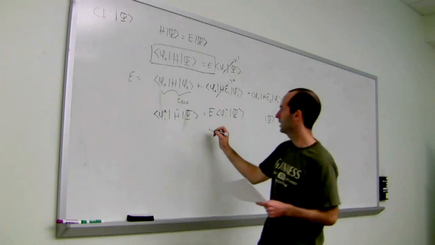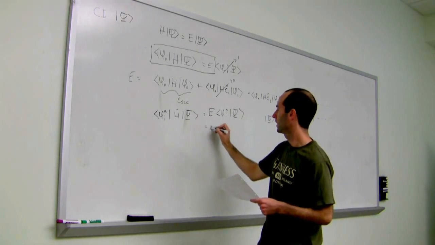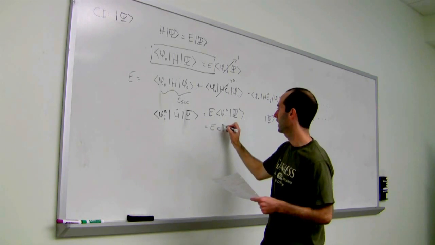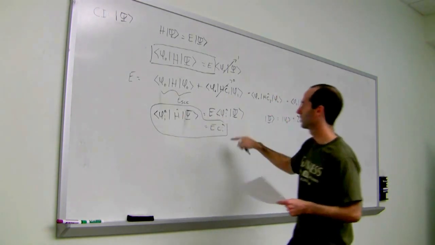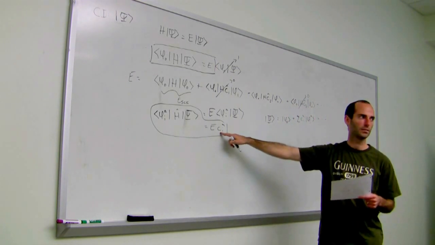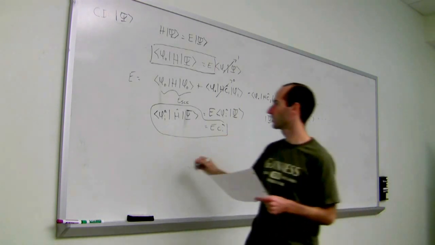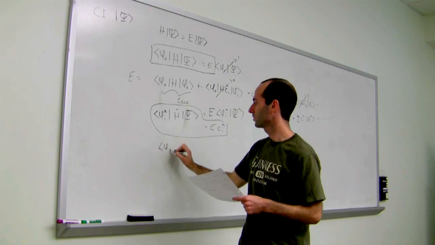So this is actually equal to E times C i a. So now we have an expression to get the singles coefficients out. Same game for doubles.